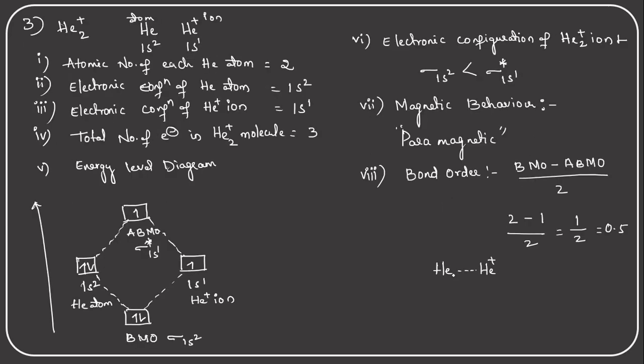But here at least partial bonding is there between the helium and helium plus ion. So there will be a partial weaker bond. A weak bond is taking place between a helium atom and helium plus ion.